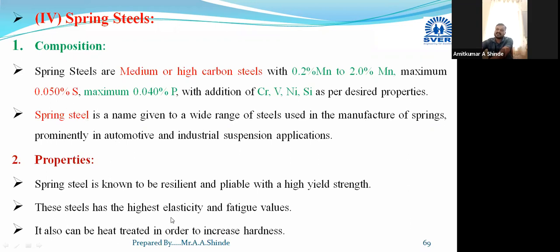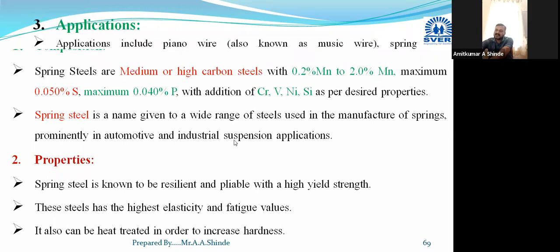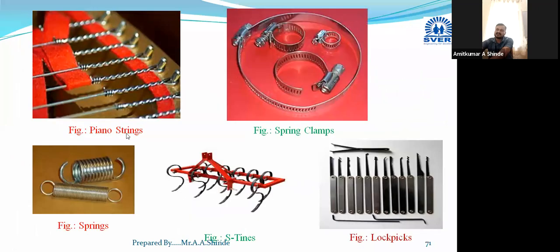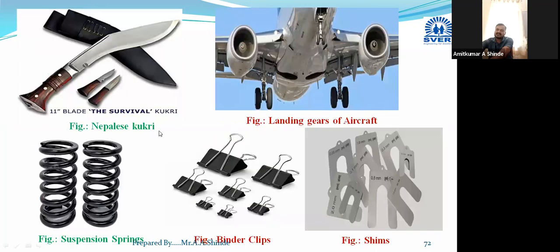They have very high elasticity, very high hardness, and a high yield strength. These are used for manufacturing of piano strings, spring clamps, tines, lock picks, Nepalese kukri, landing gears for aircraft, suspension springs, binder clips, and shims used in measurement.